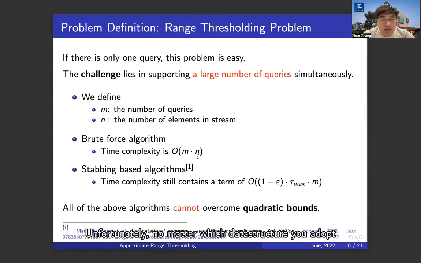Unfortunately, no matter which data structure you adopt, the time complexity will still contain a term like this, which is also a quadratic term. That is because in the worst case, for each query, you have to increase the counter for that query tau max times. So all of the above algorithms cannot overcome the quadratic running time bound.